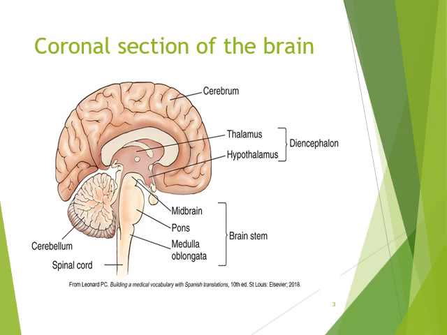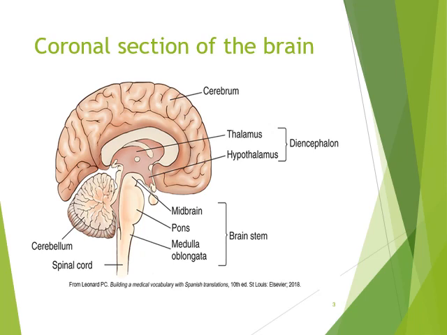And the little cauliflower-looking organ at the base of the brain is called the cerebellum. Now, I think that's kind of an ugly organ, but it has its function of balance, which we need. Then we also can see the spinal cord and the brain stem, which has the midbrain, pons, and medulla oblongata.